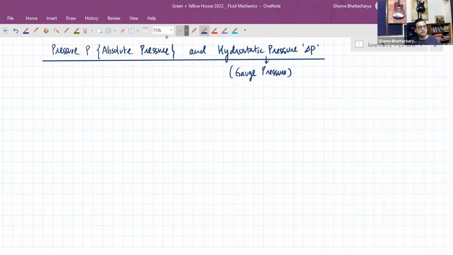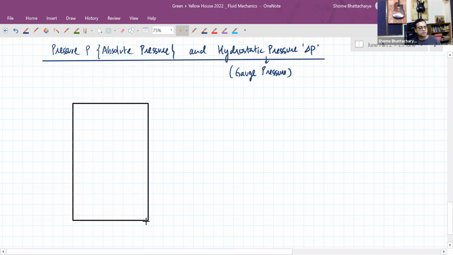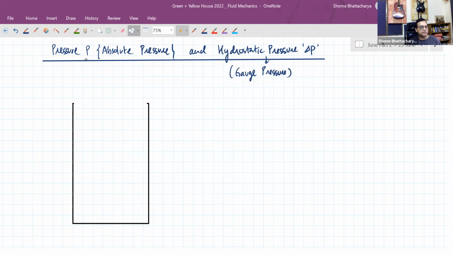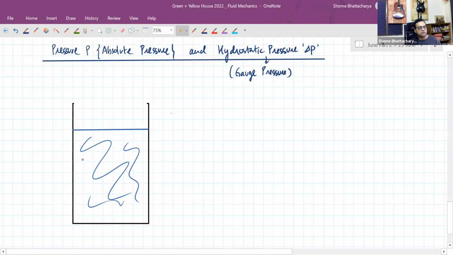So if we have, once again, any open vessel in which there is a certain quantity of fluid whose density is known to us, then we can easily calculate the pressure at any point inside by using the open surface as a reference point, because the pressure right at the open surface will be equal to atmospheric pressure. So that becomes our reference point.